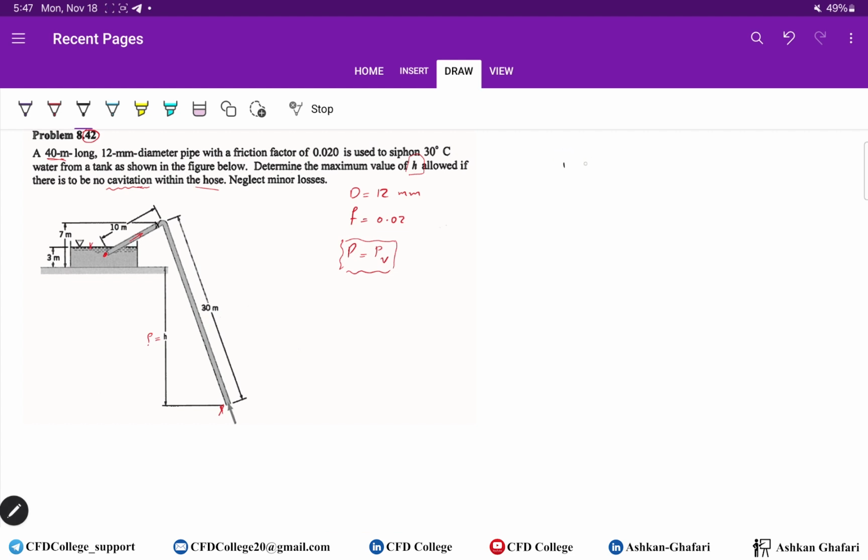So now you know that when we start moving from this point towards the end, in this part of pipe, pressure is decreasing due to two factors.